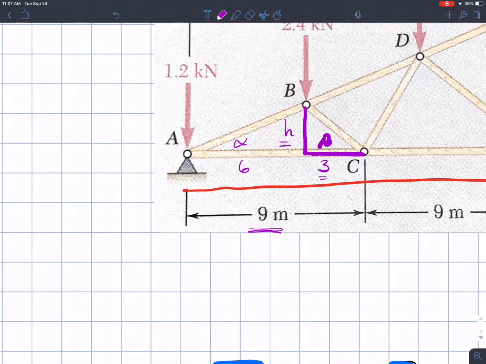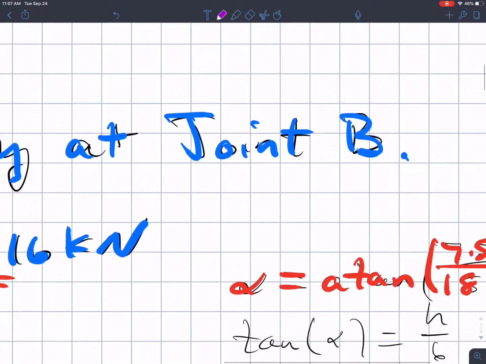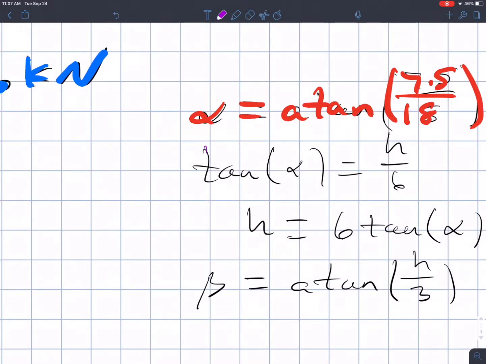So I can come down here and figure out tangent of alpha is equal to opposite over adjacent. I know alpha, so I just plug that in, and I can get H. H is equal to 6 tangent alpha.